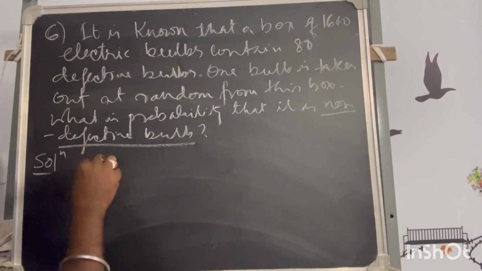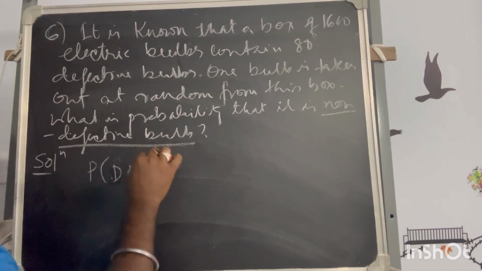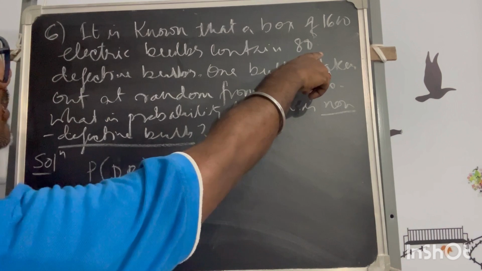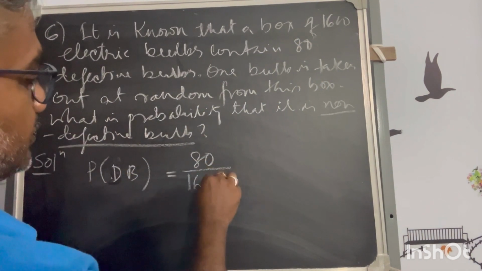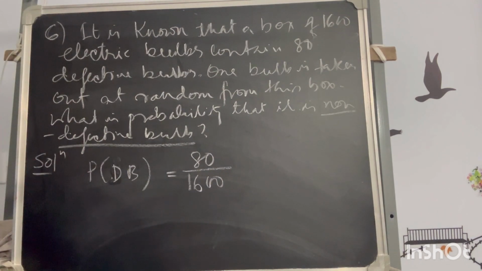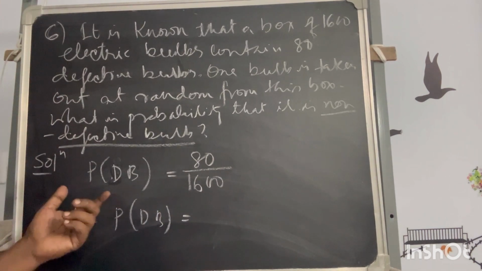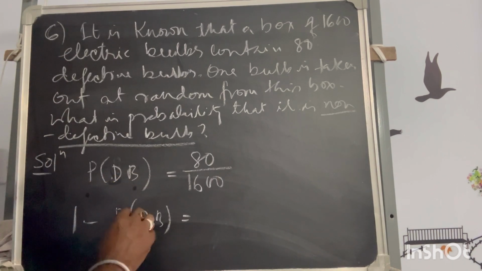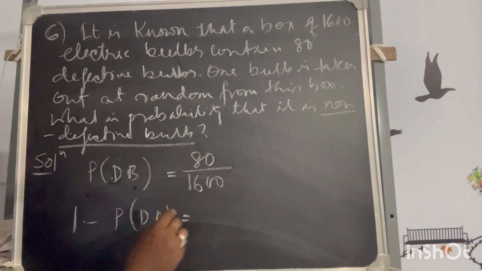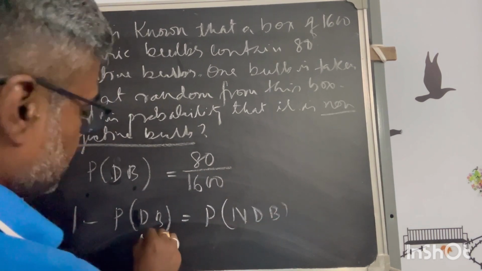There you could make a mistake, because this has been twisted here to non-defective bulbs. So what is the probability of getting a defective bulb? There are 80 defective bulbs out of 1600 bulbs. So if it is non-defective, what will be my result? We have learned that the probability of happening and non-happening together for any event is equal to 1. Probability of defective bulbs is the happening; non-defective is the non-happening.